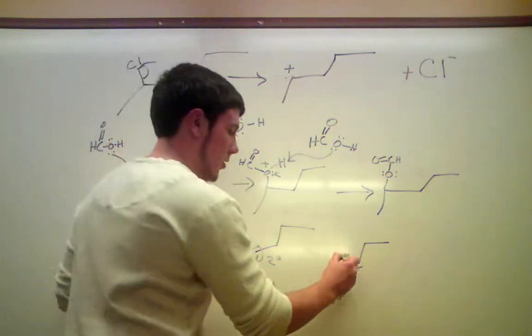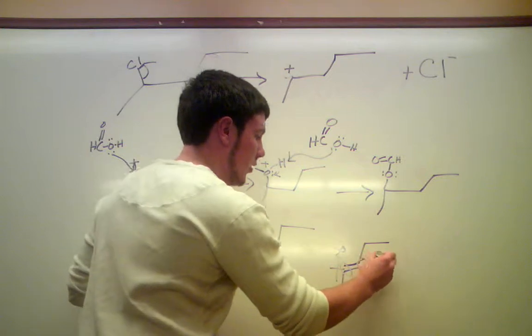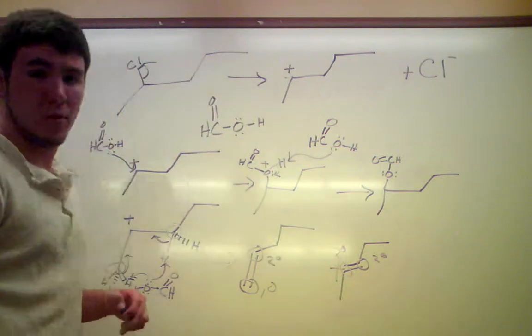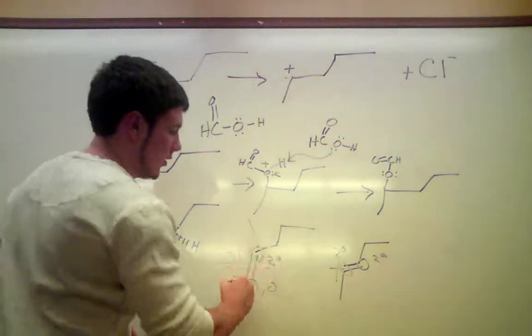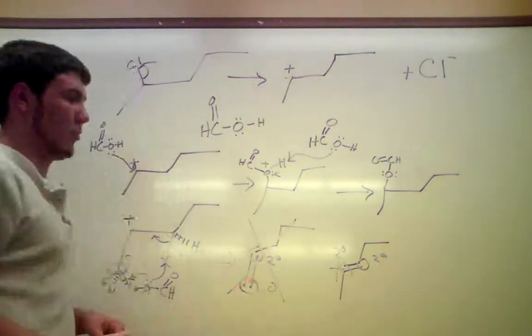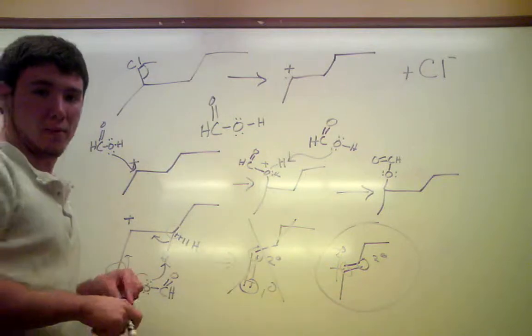This carbon is obviously still secondary. This carbon is secondary as well. What this means is that this product will not be formed. But what we're going to see is this one.